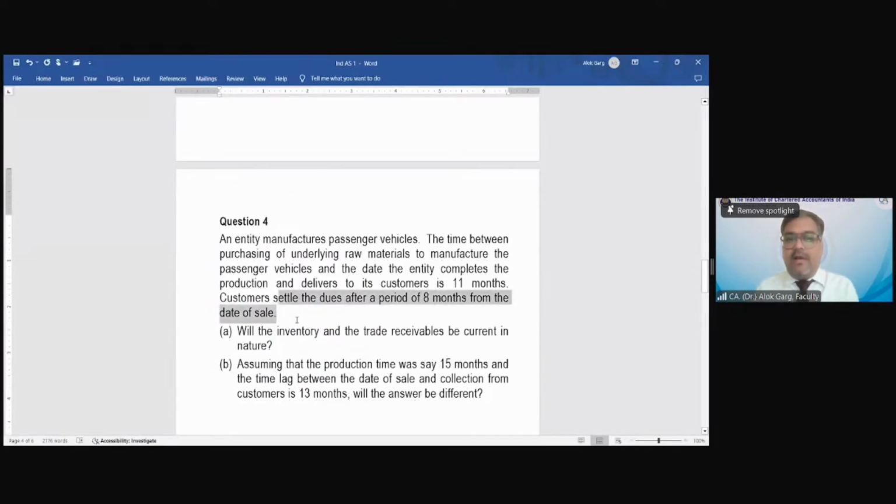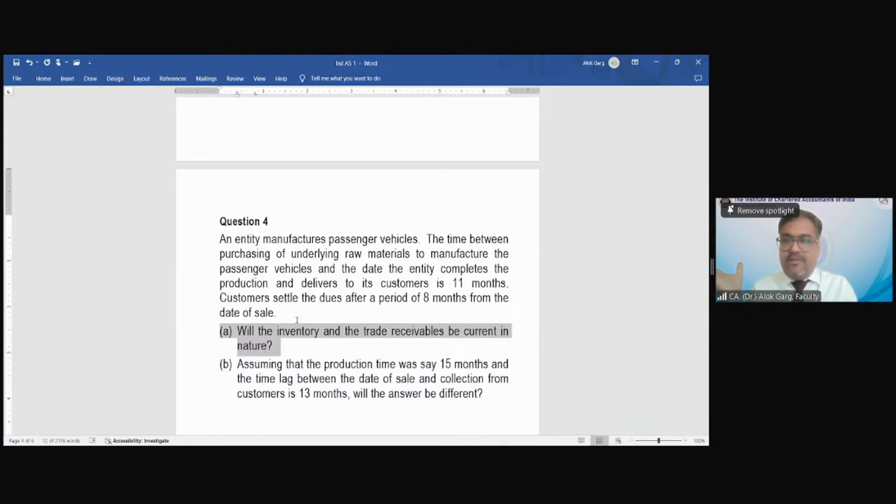From this paragraph, we have concluded an operating cycle of 19 months. Now, what is the question? Will the inventory and the trade receivables be current in nature? When the company delivers the goods to the customer, the money will be received in 8 months.